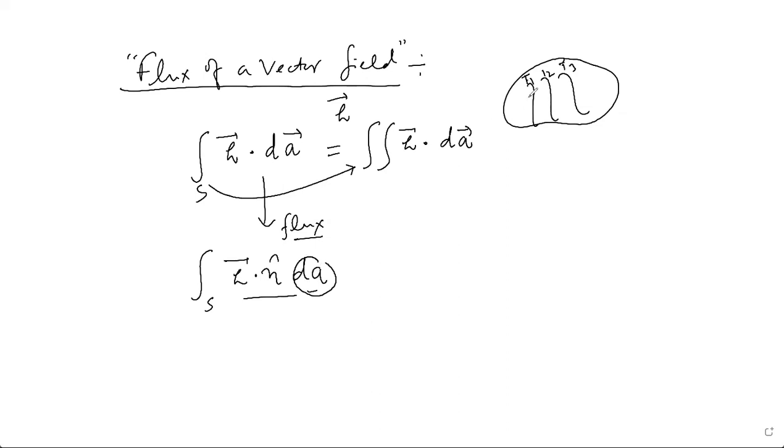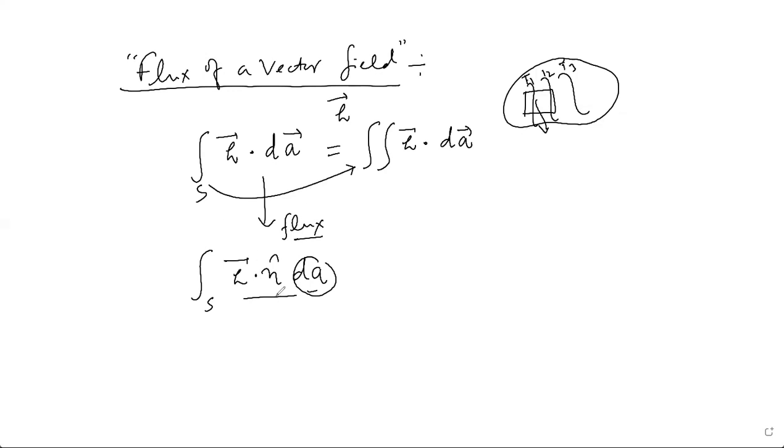The direction will always be normal, coming out, right? The best way to choose the normal direction is to take your right hand rule and go along the surface, stretch your fingers and curl them around, and the normal is the direction of your thumb. That's the conventional way of taking normal directions.